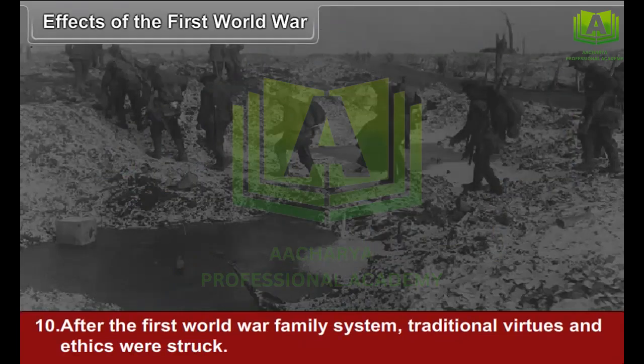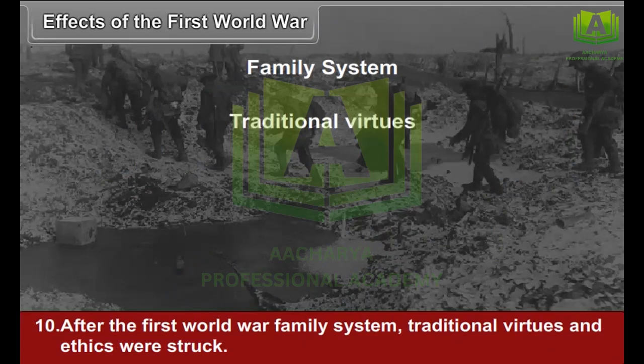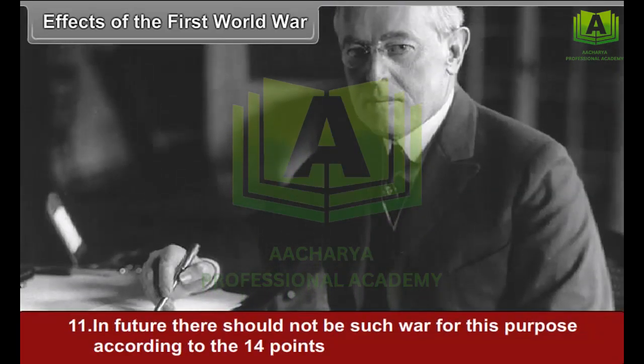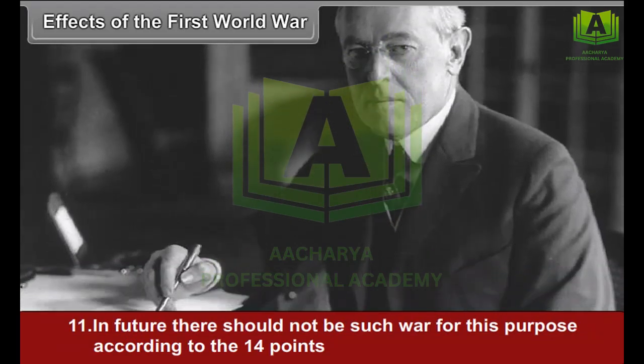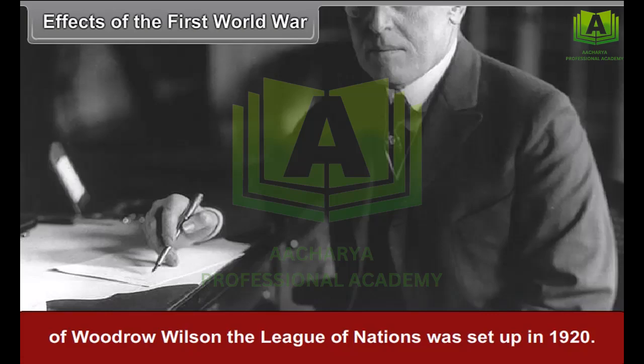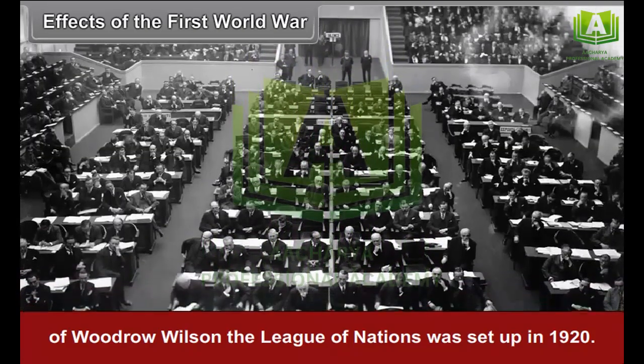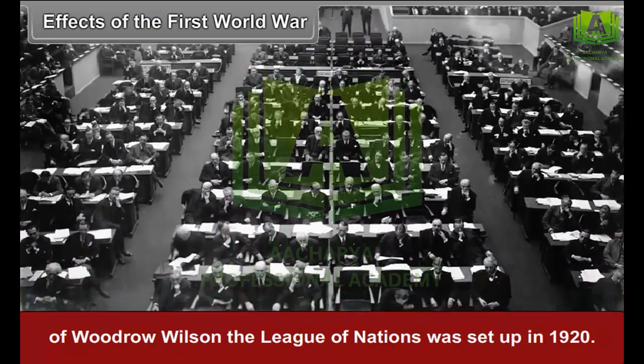Tenth, after the First World War, the family system, traditional virtues, and ethics were struck. Eleventh, in future, there should not be such a war. For this purpose, according to the 14 points of Woodrow Wilson, the League of Nations was set up in 1920.